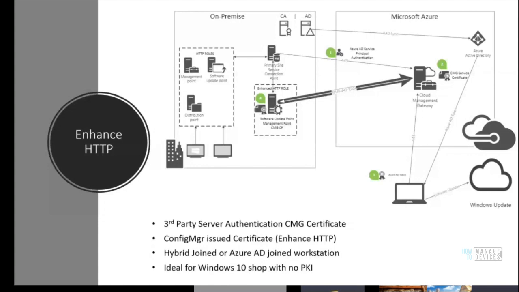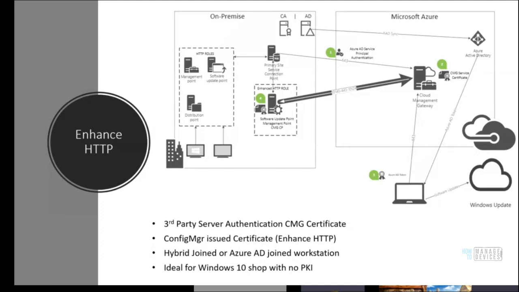If your customer has all Windows 10 machines on version 1709 or above, you can very well go for this method. You don't need the PKI infrastructure or PKI certificates. The only requirement is that the machine should be Azure AD joined or hybrid joined.